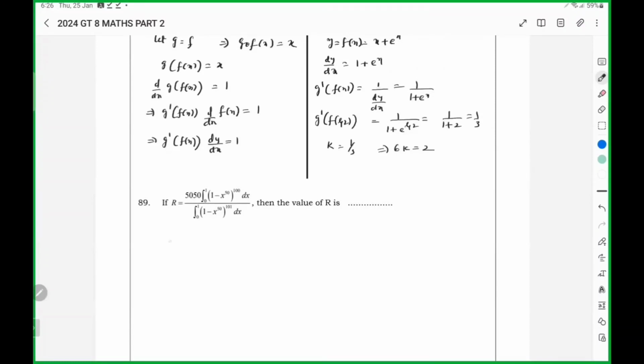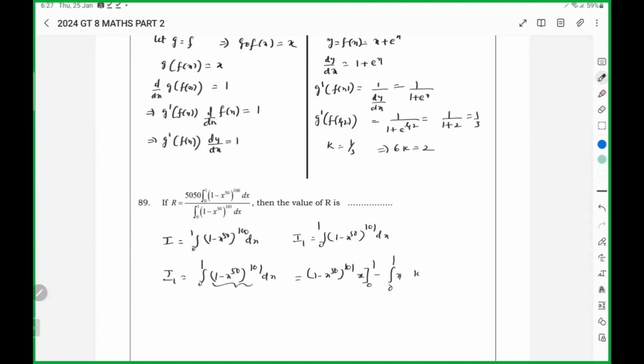Here, let us consider one integral as I1. I1 here is 0 to 1, 1 minus x power 50, power 101 dx. The integral of 1 minus x power 50 dx is this.